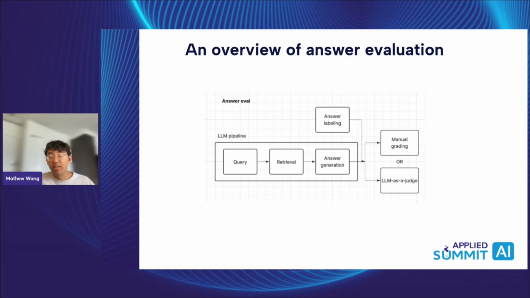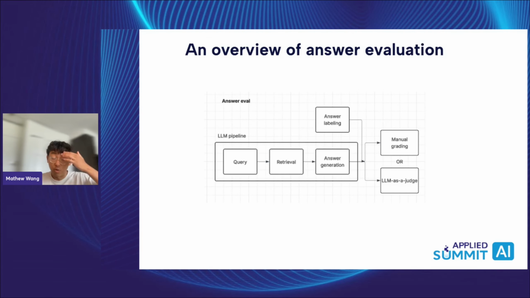Outside of this is your evaluation infrastructure, and that has two main parts. The first is labeling answers. Labeling is just a fancy word for saying we need to get correct answers, so that when our LLM pipeline produces an answer, we know whether it's correct or not based on the correct label. The second part of the evaluation is actually doing the grading.